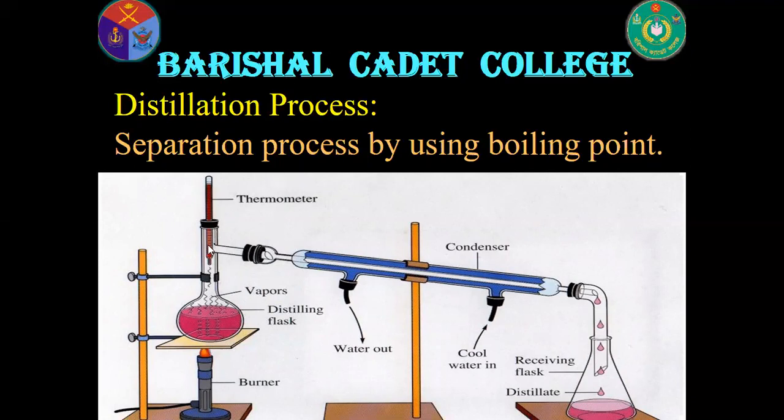By using the thermometer, we can measure the temperature of the solution. There is a Liebig condenser. The vapor passes through this condenser, and by applying cooling water, it turns to liquid again. Then in a receiver, we collect the pure solution.